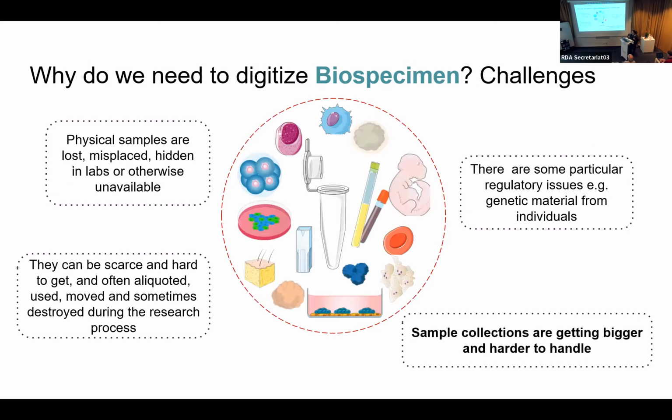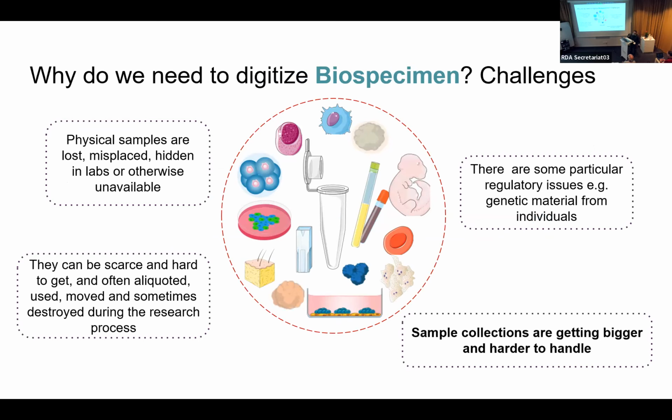Basically the nature of these physical samples poses some challenges. Some challenges are common as with other samples, like they can be lost and misplaced, or hidden in labs, or just unavailable in some form or the other.